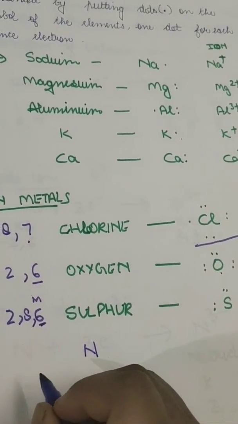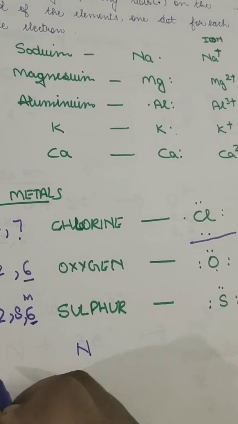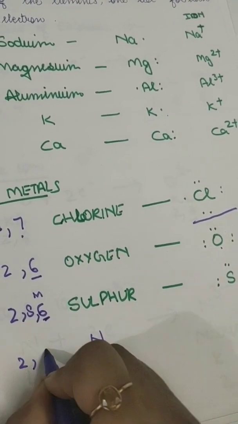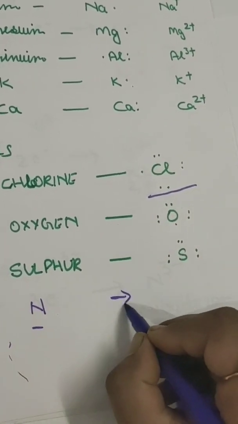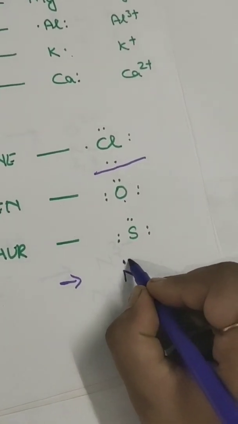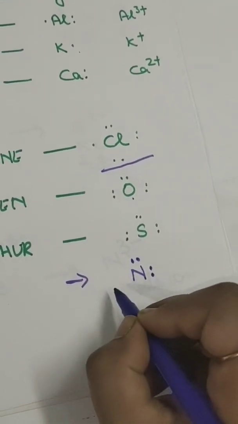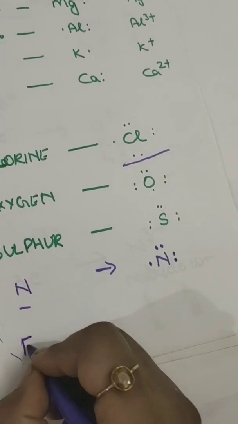Nitrogen has the atomic number 7, and according to that it would be 2 and 5. So it has 5 electrons in its outermost shell. So the structure would be like this: N and 2 dots here, 2 here, and 1 here. So 5 electrons. Then fluorine.